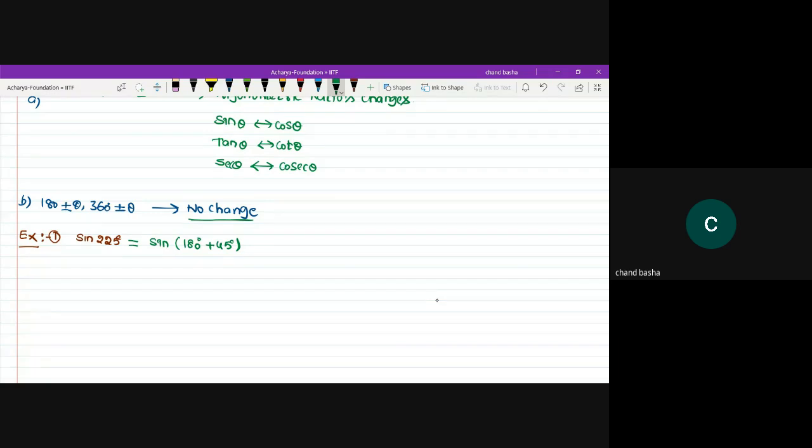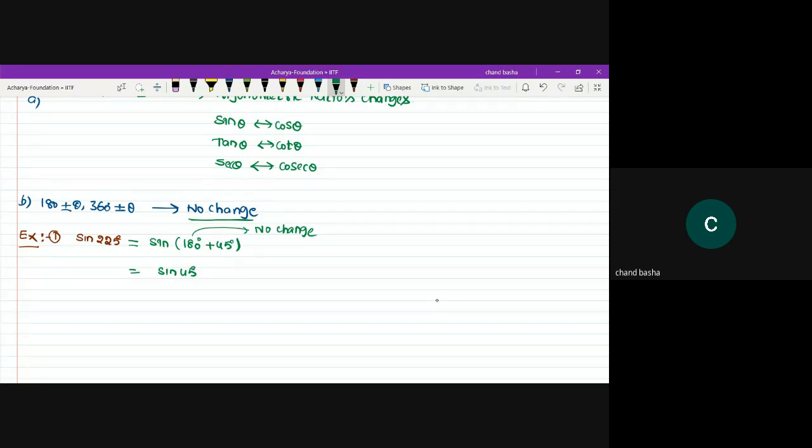Because you are using multiples of 180, no change means I can write sine only. Sine of 45.